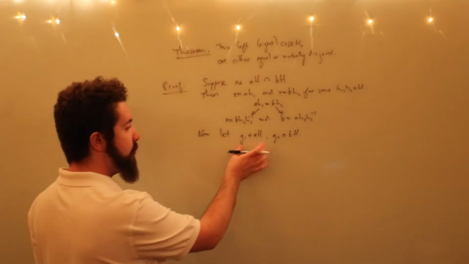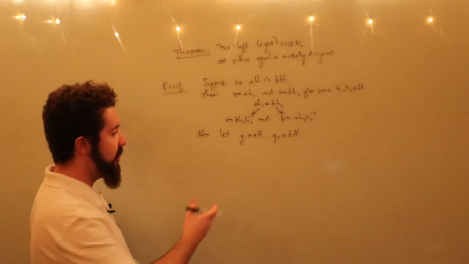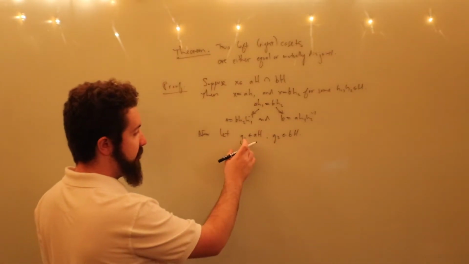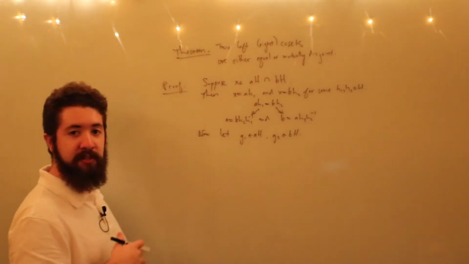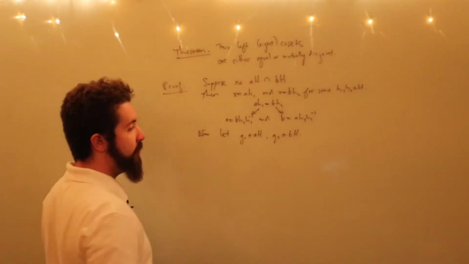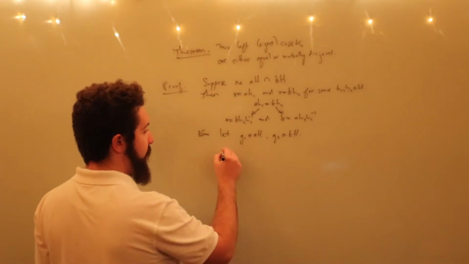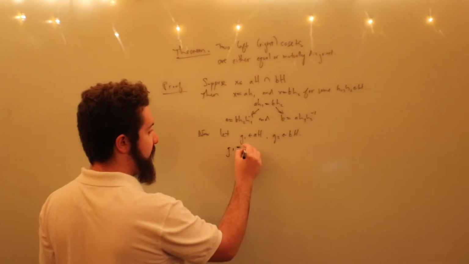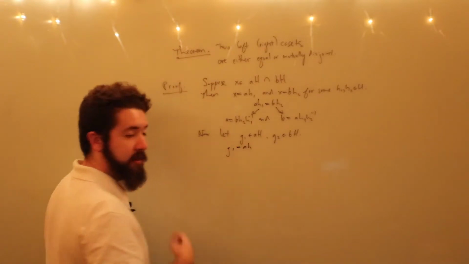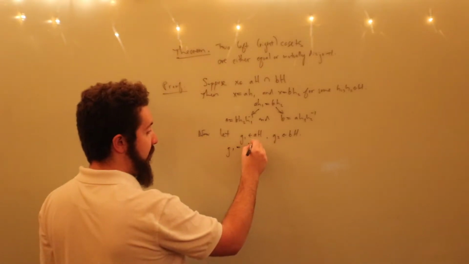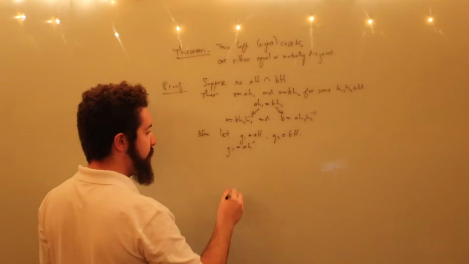Now we're going to let two arbitrary elements of our group G be such that g1 is in the left coset of H in G by a, and g2 is in the left coset of H in G by b. Now, we have then that g1 has to be equal to a times some h prime, some h value.